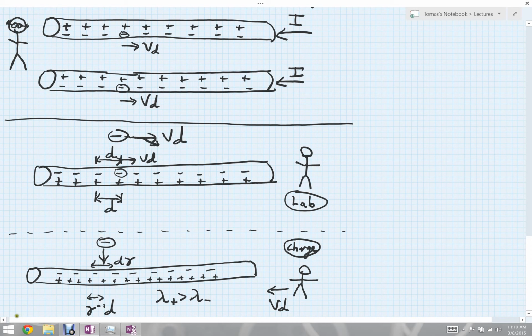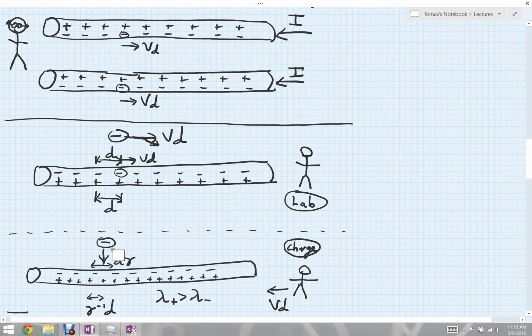Now, we don't have time to carry out the full analysis of this phenomenon, but there will definitely be a downward acceleration. We would have to take into account the imbalance of positive and negative charges, this acceleration that the minus charge feels in his reference frame. We would have to include additional factors because of the time dilation to figure out what the acceleration would be in the original reference frame.